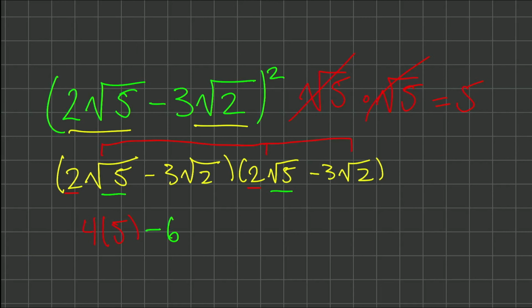So negative 6 plus negative 6 is negative 12 root 10. And then we have 18 plus 20, which gives us 38. That is your final answer, fully simplified. This is how you multiply and FOIL radicals.